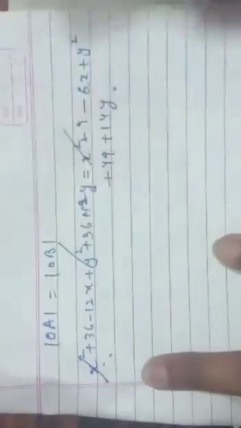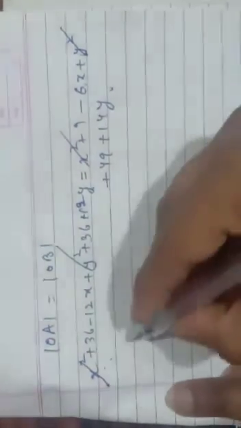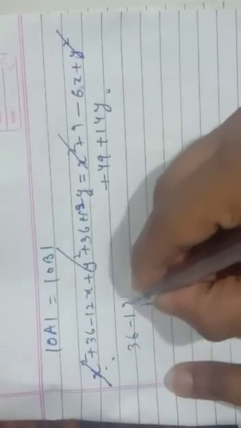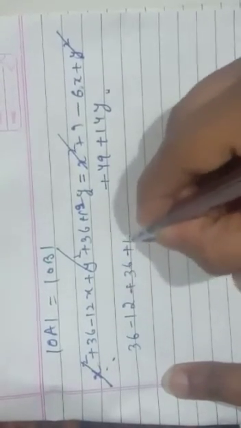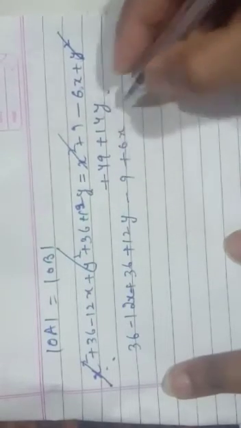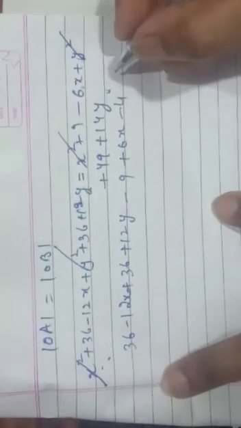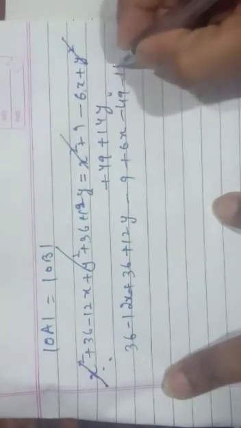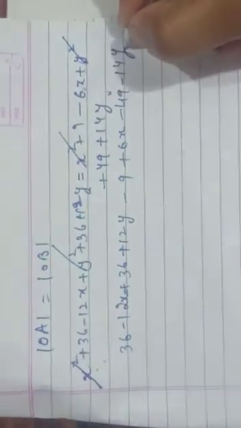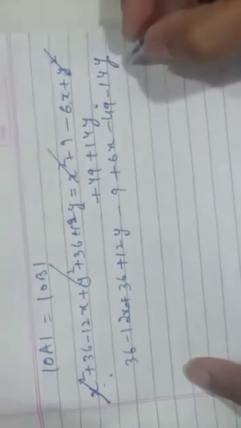Now let us cancel the similar terms from both sides so that it will be easier to calculate. Now let us take all the entries on one side to simplify. I will take the entries written on the right side to the left side, so then all their signs will be changed. The number with a plus sign will change to minus and the minus sign will change to plus.